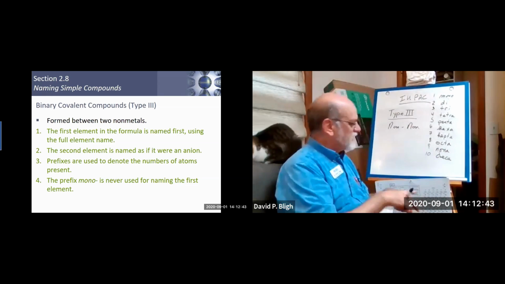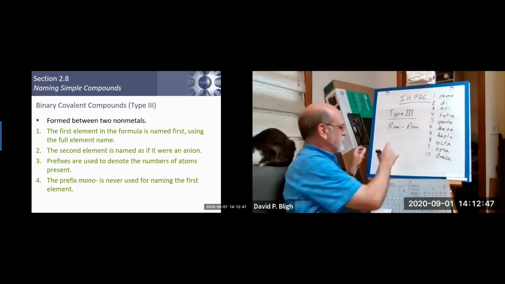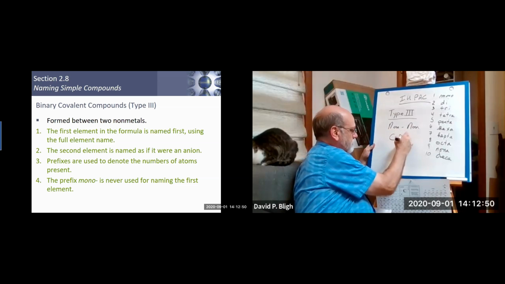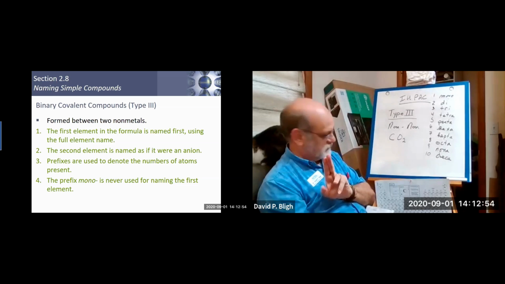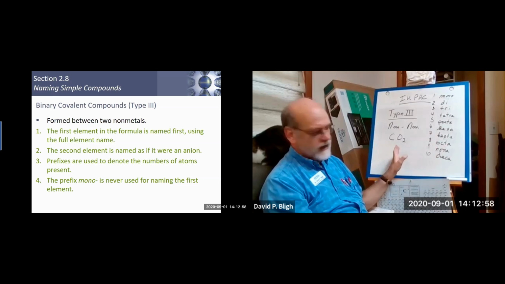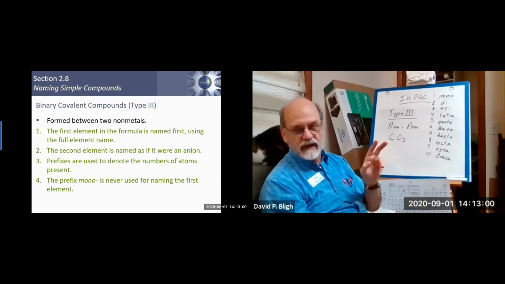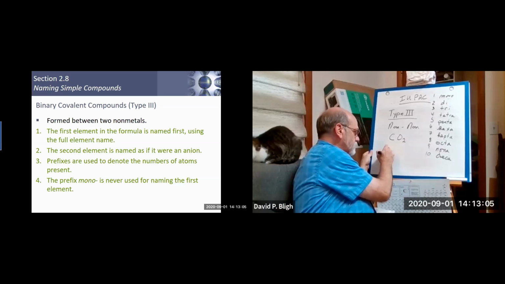So let's take an example. One that's in the news a lot. How about this one? First of all, do we have 2 nonmetals? Well, we look over here. Yep. Carbon is to the right of the line. Oxygen is to the right. 2 nonmetals. That means it's type 3. So we say carbon.